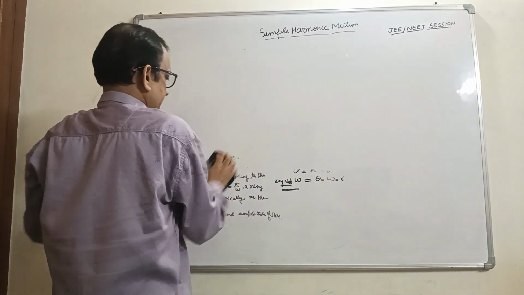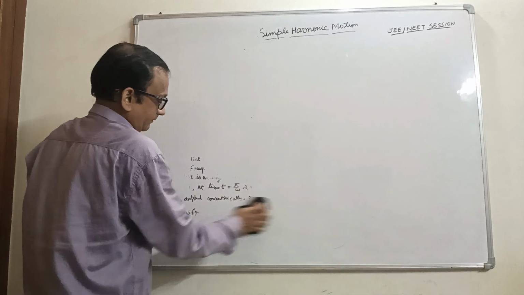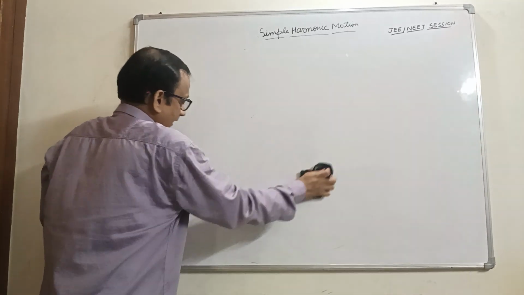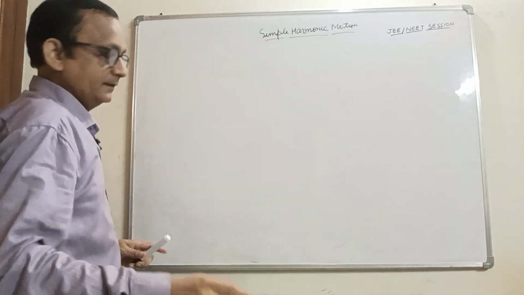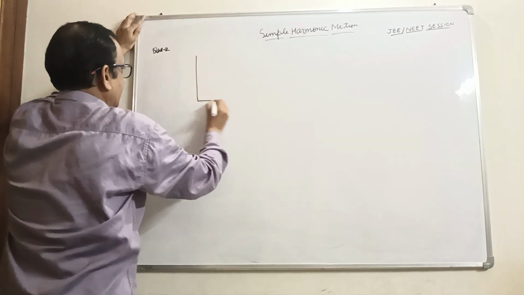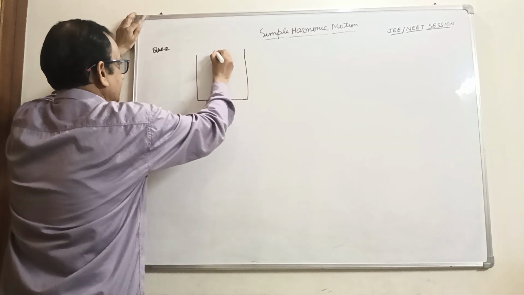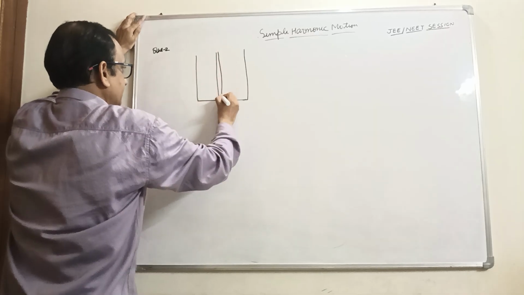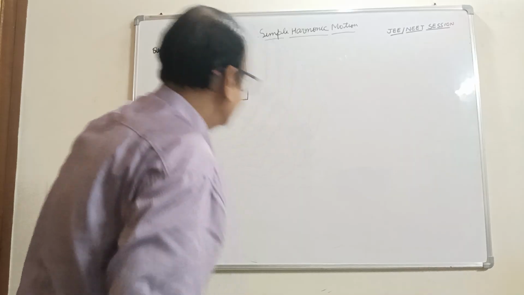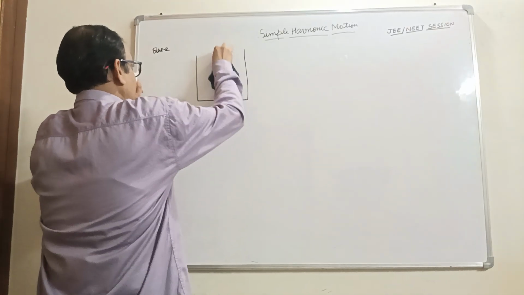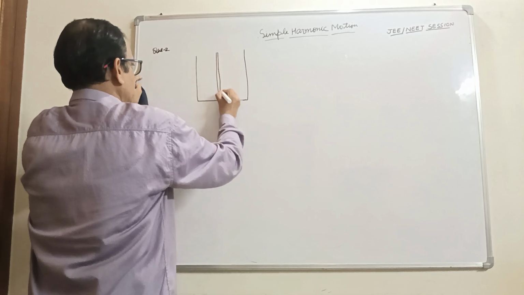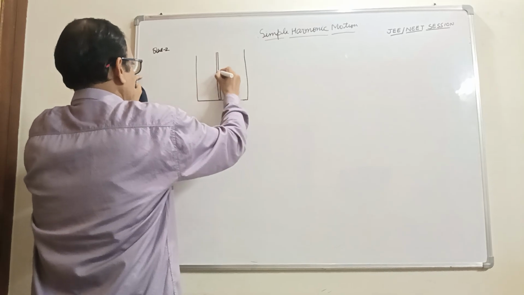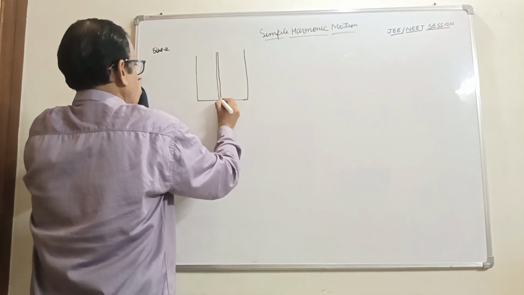Half the container is filled with density 6 rho, and the other half is filled with density 2 rho. This is the situation, and the rod is hinged about this point.